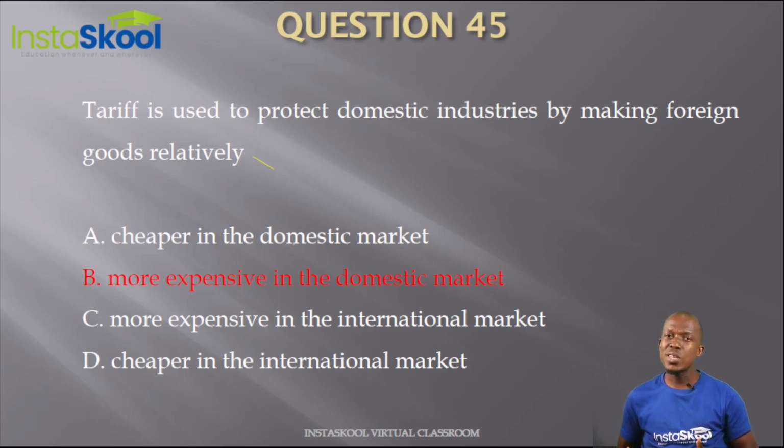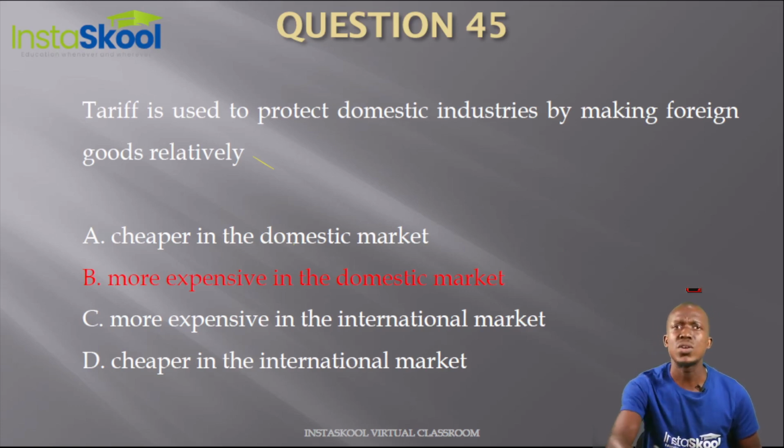So that way, we have protected local industries. Now they can comfortably sell at 150 to make profits. So tariffs protect domestic industries by making foreign goods relatively more expensive in the local or domestic market. So our correct answer is option B.